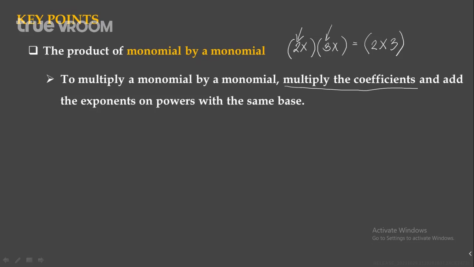Again, first step, multiply the coefficients. Copy the variable x. And then add the exponents on powers with the same base. This is not the same base, I think, the same exponent.